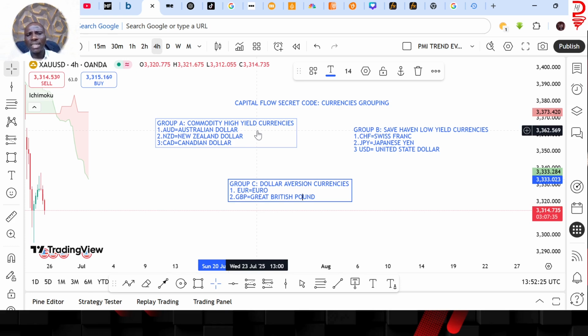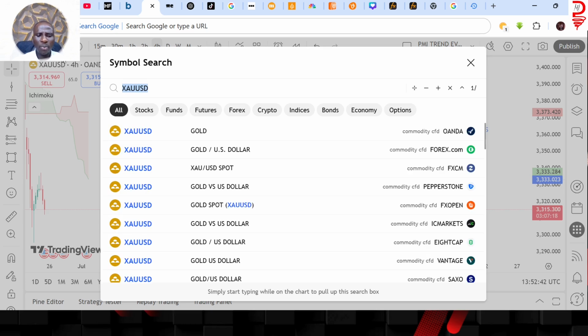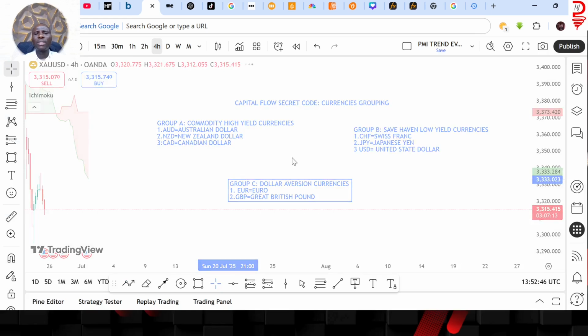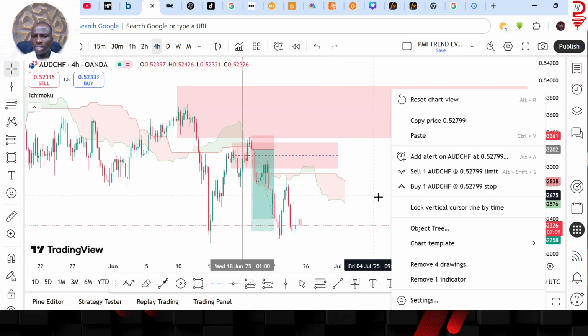Now, let me pick Swiss franc from group B. So one from group A, which is commodity high yield currencies, and one from group B, which is safe haven low yield currencies. Now let's go to the chart. Let's see what our position is for AUD CHF. We want to see what we have for AUD CHF.